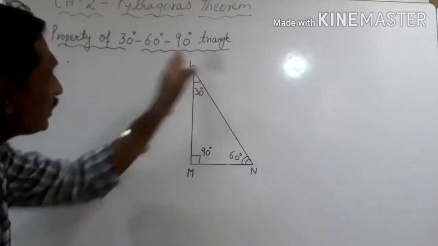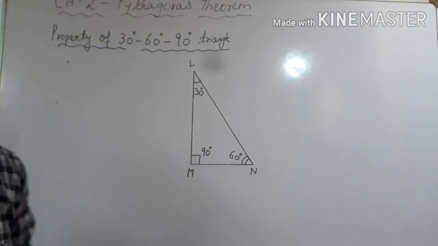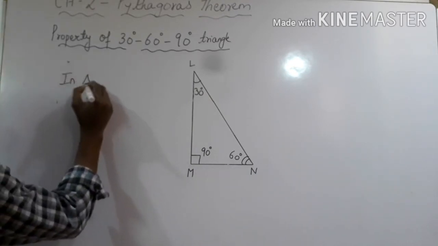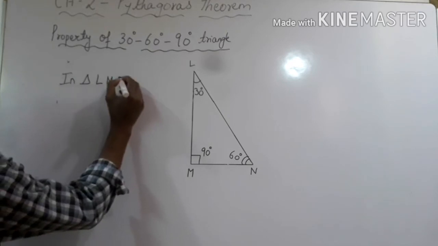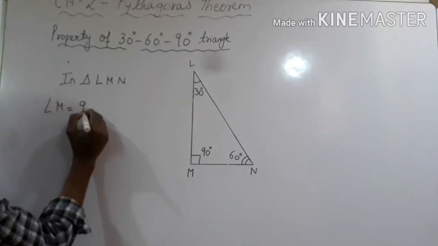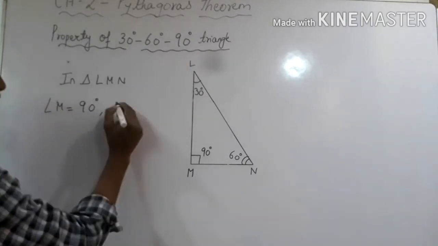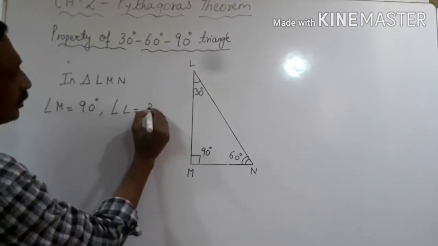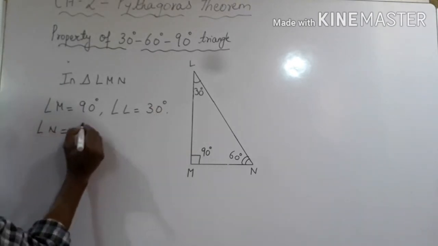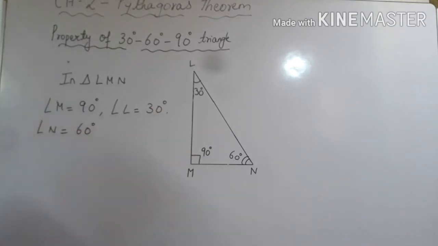So let us consider this figure. In this figure, in triangle LMN, angle M is equal to 90 degrees, angle L is equal to 30 degrees, angle N is equal to 60 degrees.